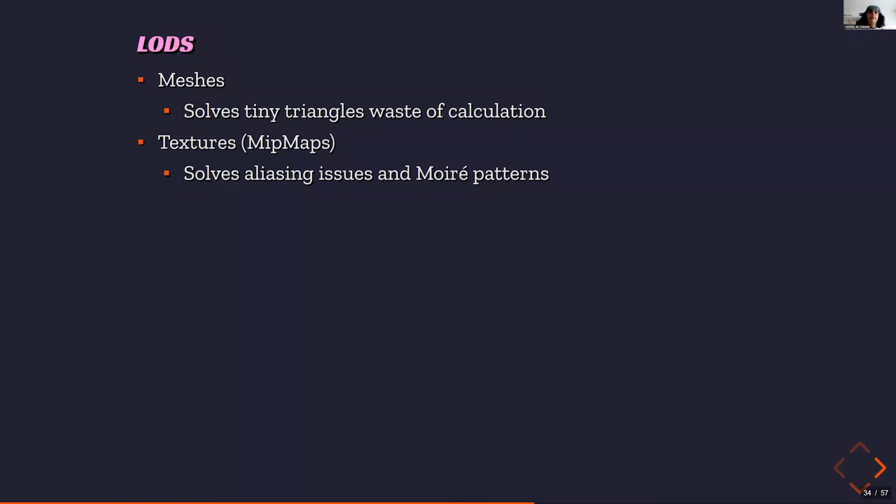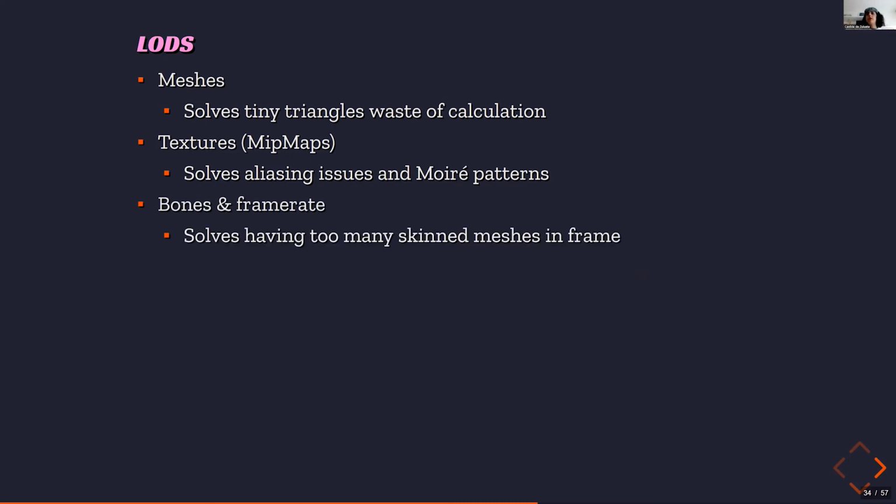It's better that you work on the LODs yourself in your 3D software, your authoring tool. So the textures, if they are super big but they are farther away, it's the same principle. They are conflicting. The computer doesn't know which part of the texture has to render, so it will just flicker constantly and make very strange moire patterns and stuff like that. But you can also have LODs with bones and frame rate. The farther away an object, the harder it will be to notice that it has a lower frame rate.